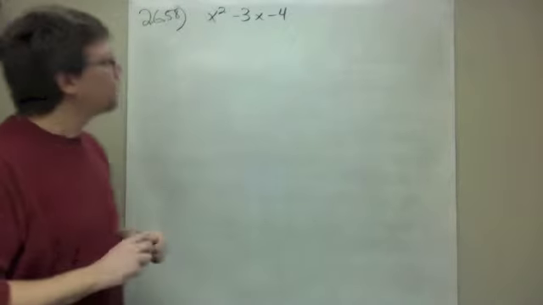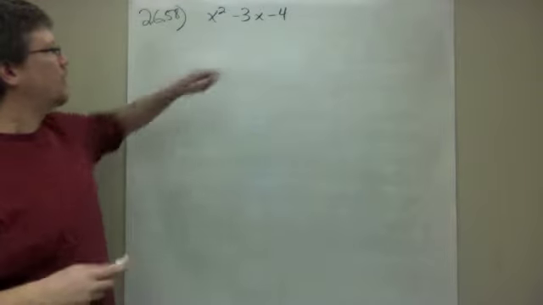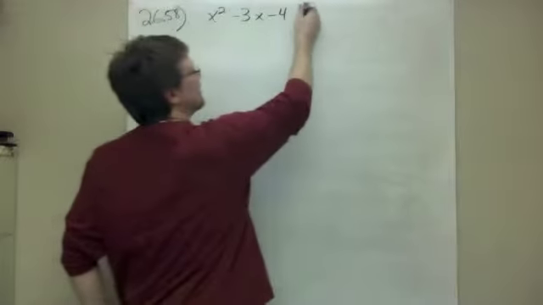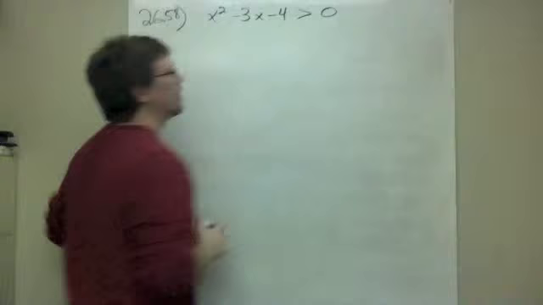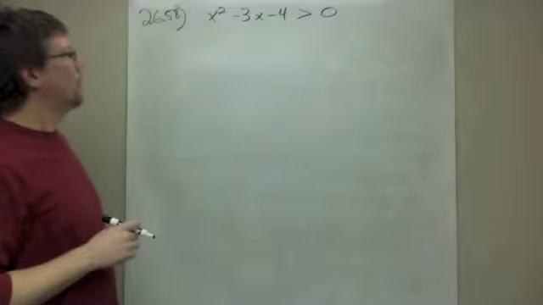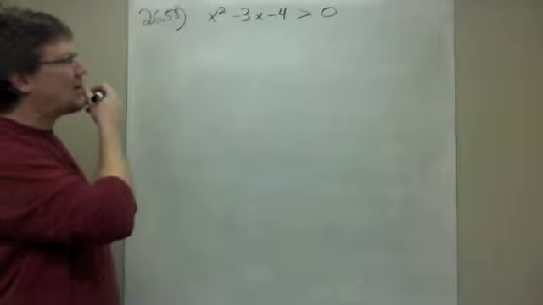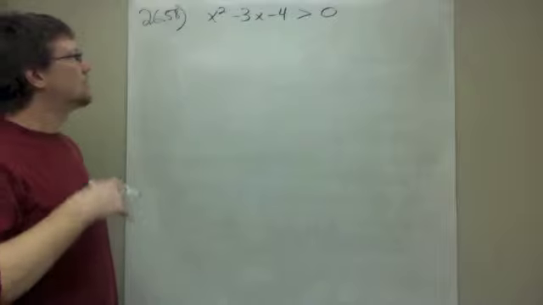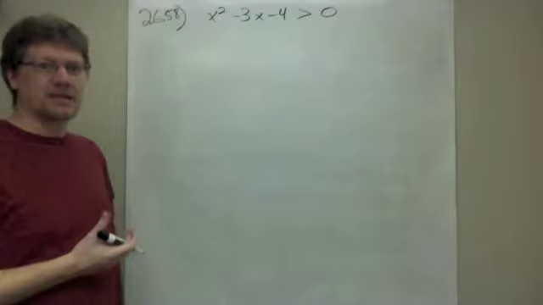Okay, so to find out where this thing is entirely positive, positive means that this thing is strictly greater than 0. What are the ways that we can do this? So this thing can be factored.